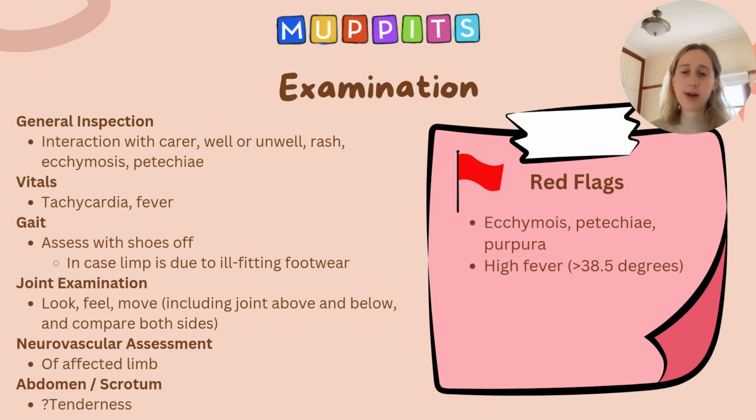Then performing a neurovascular assessment of the affected limb, and also, if relevant, an abdominal and or scrotal examination to assess for any tenderness there. Then, as already mentioned, our red flags are any sort of bruising, so ecchymoses, petechiae or purpura, and then a high fever, usually over 38.5 degrees.